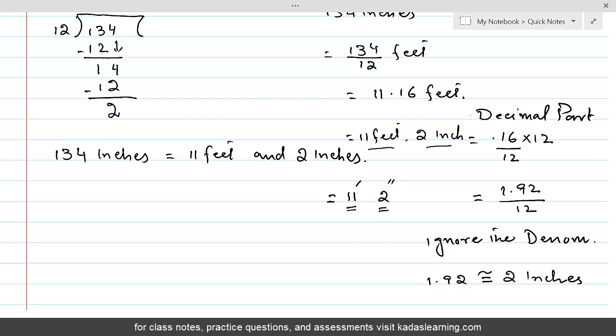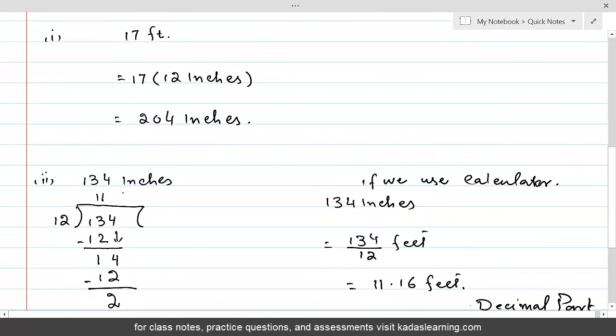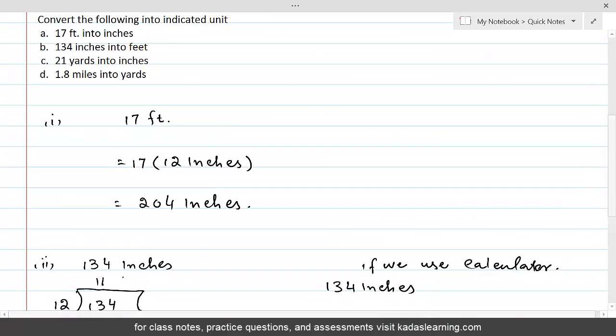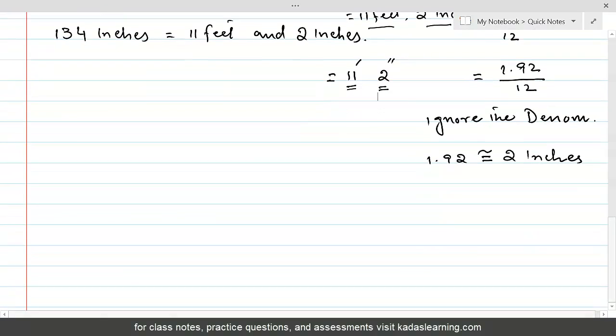And now the next question. Let's take a look at the third question: we want to convert 21 yards into inches.